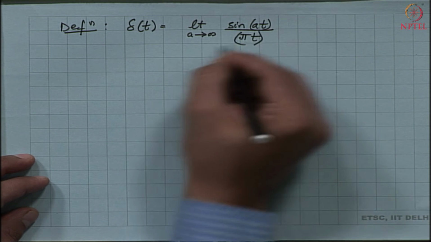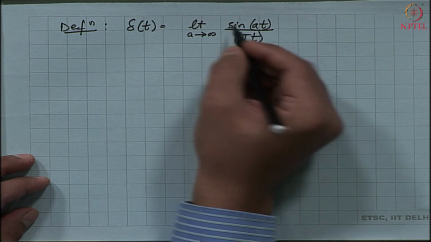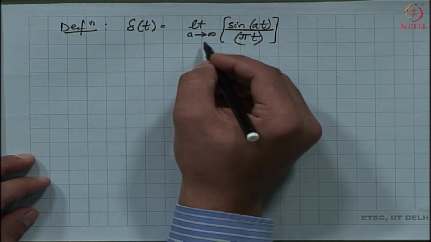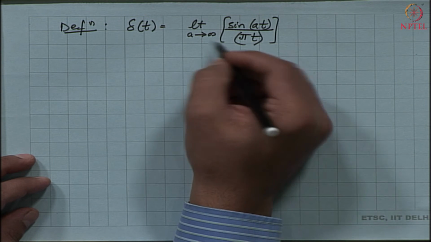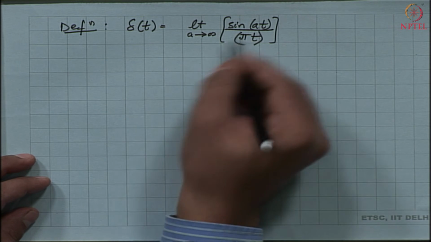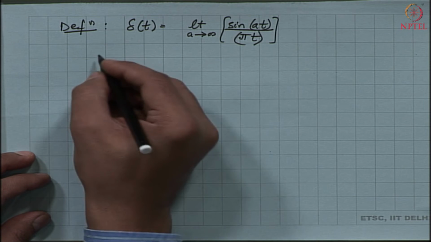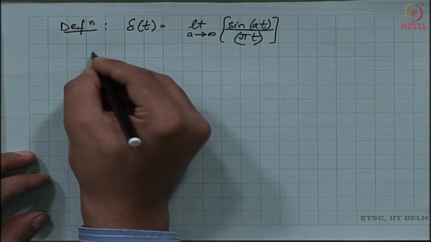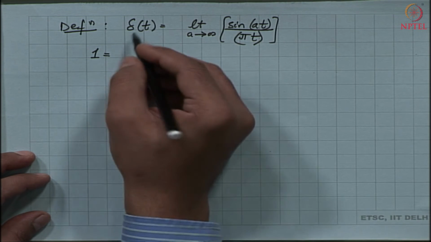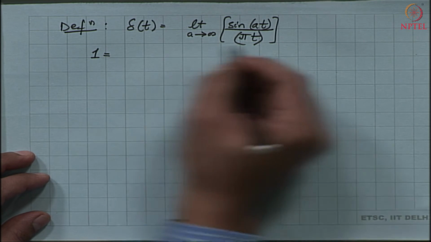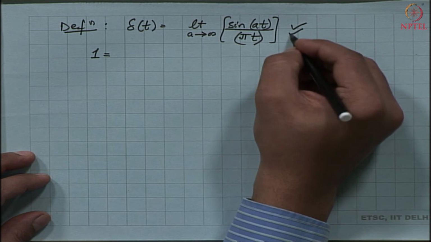If it is not intuitively clear, students should plot this function and allow this parameter a to go to infinity and see that it approaches the delta function. So, coming back, the above is also another definition quite commonly used for the delta function.